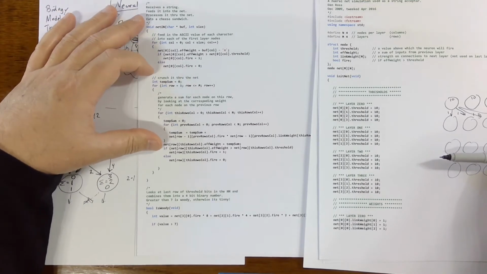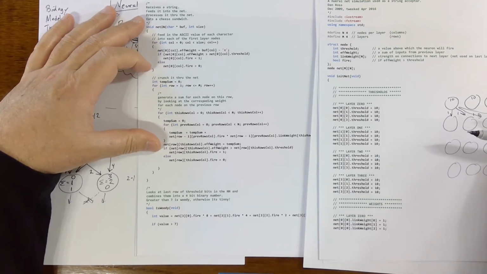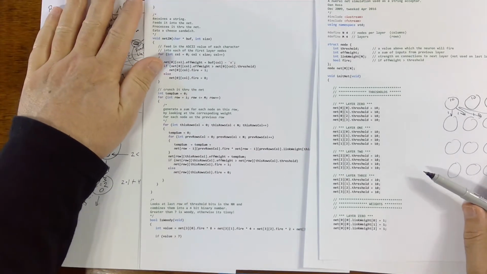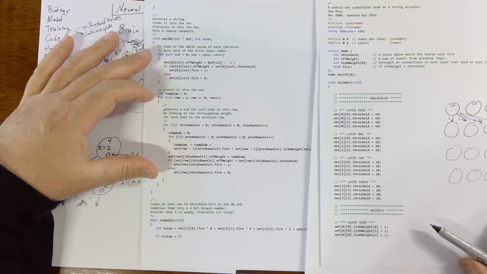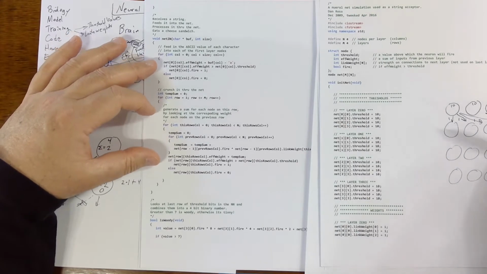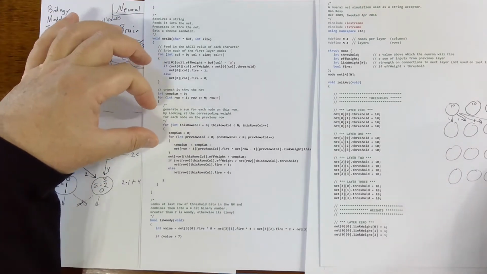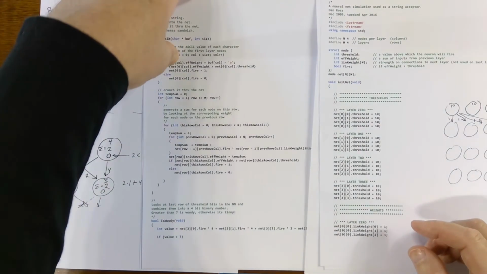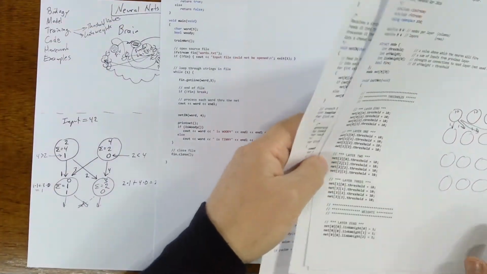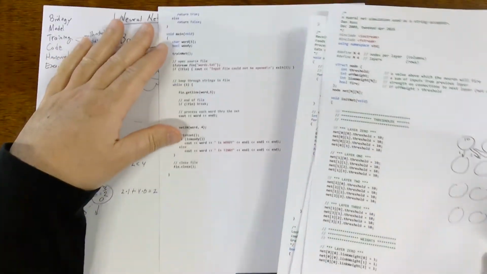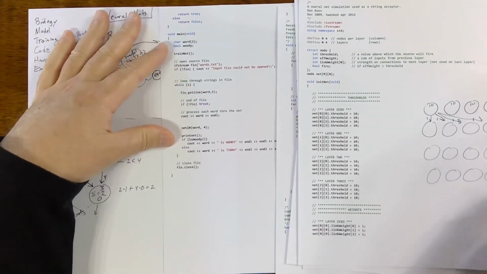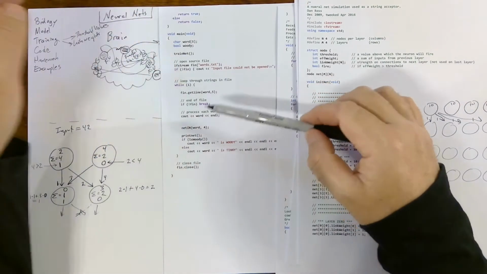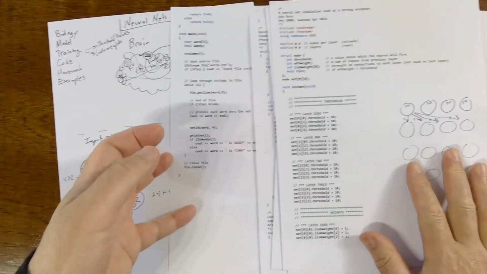It's understandable. You don't need to totally memorize this, but it's there should you need to understand these calculations a little better, which you kind of do. And then this is the main, which just reads words from an input file and runs them through the neural net.